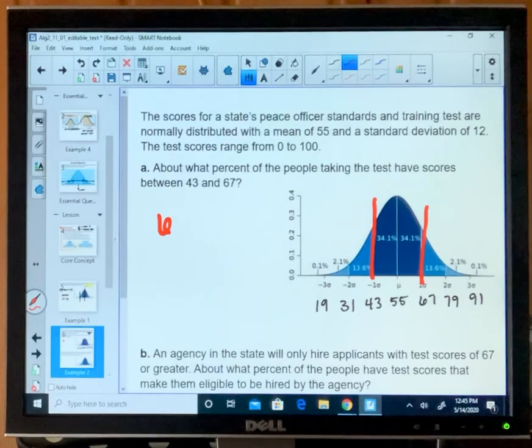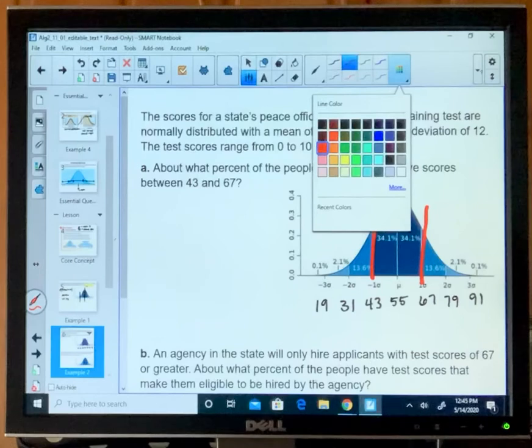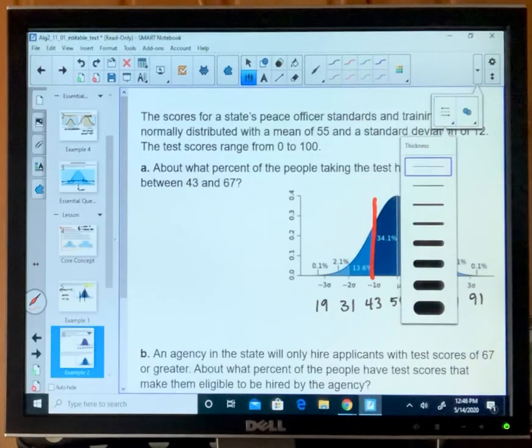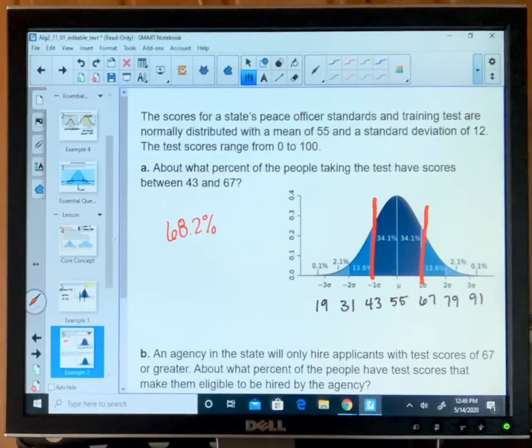Let's erase this. This is where we need to make our line thinner again. Okay, so we get 68.2%. So 68% of the people fall between 43 and 67, right? That's what the Z-score allows you to do.